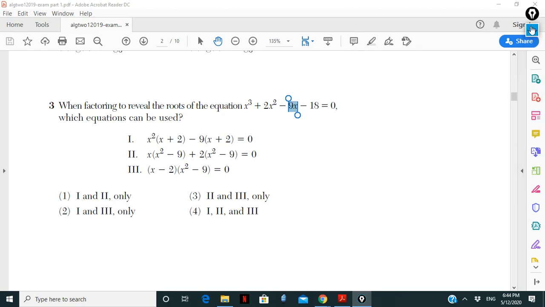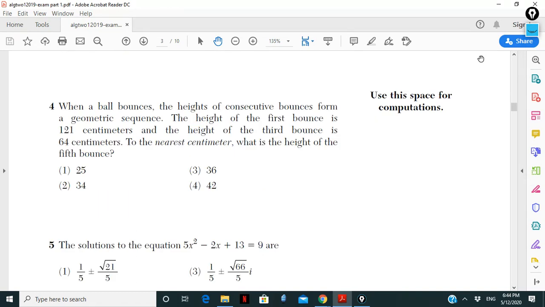Question number 4. When a ball bounces, the heights of the consecutive bounces form a geometric sequence. The height of the first bounce is 121 centimeters, and the height of the third bounce is 64 centimeters. To the nearest centimeter, what is the height of the ball on the fifth bounce?